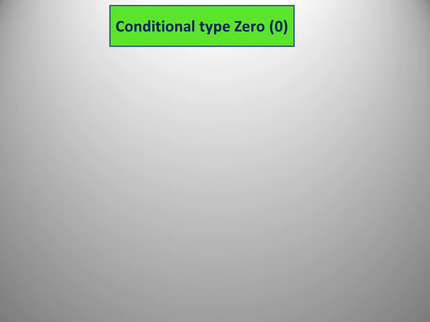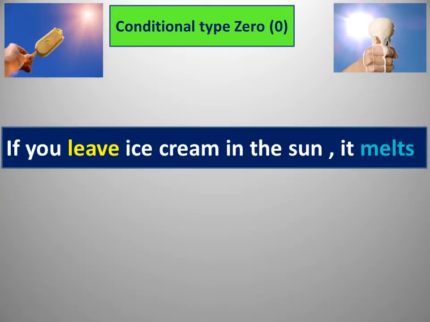Okay, let's have a quick review of conditional type 0. Let's have a look at this sentence. If you leave ice cream in the sun, it melts.